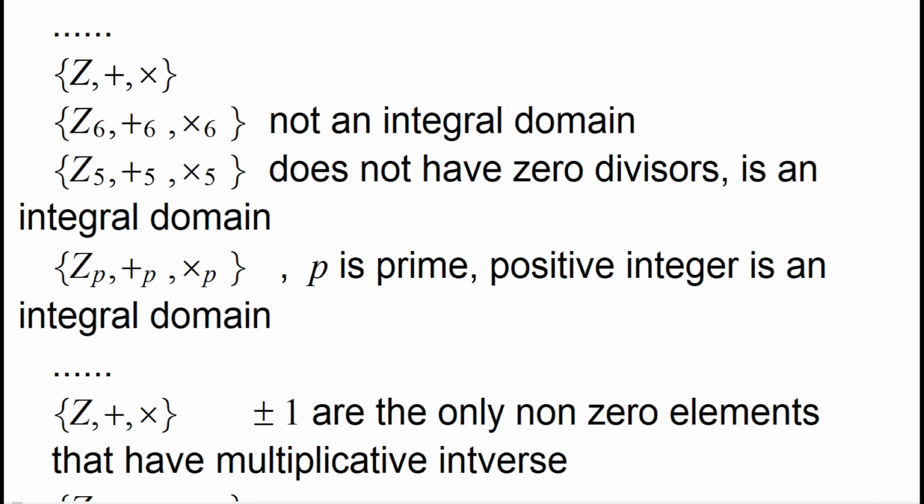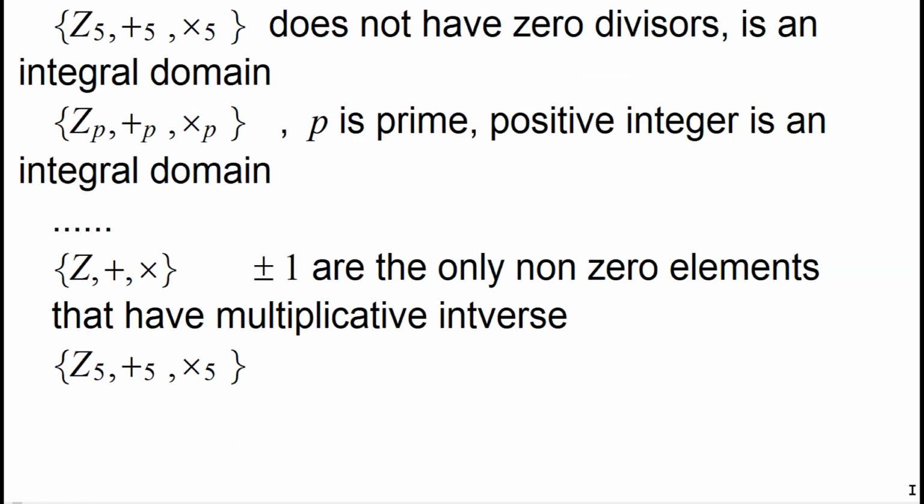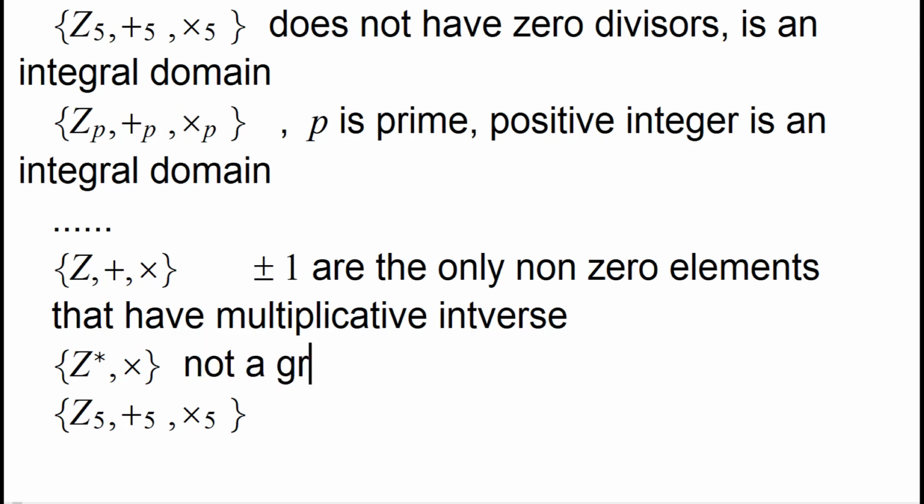So what that means is that if I took the non-zero integers and looked at them with respect to multiplication, they cannot form a group even though they have an identity. So it's not a group.